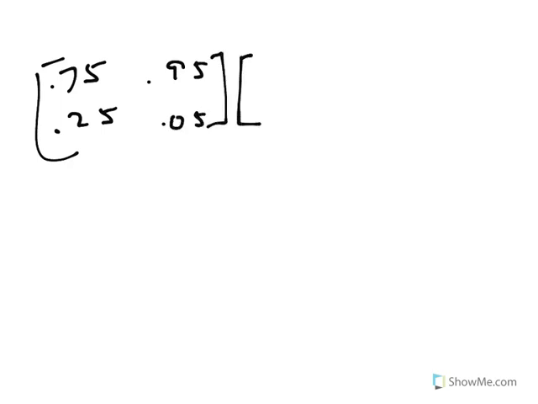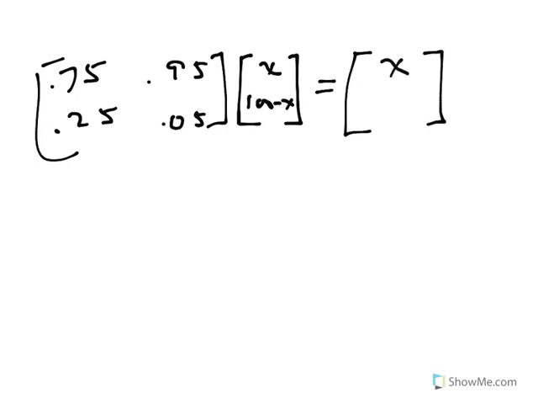And if there's 100 people, I'm going to call this x and this 100 minus x. I want to figure out what x is, so we'd be in this equilibrium. If that happened, the answer after multiplying would continue to be x and 100 minus x.